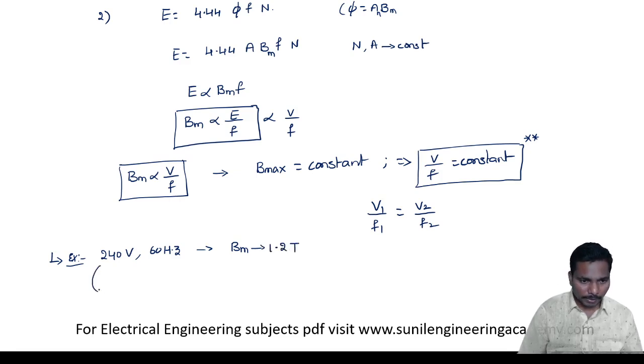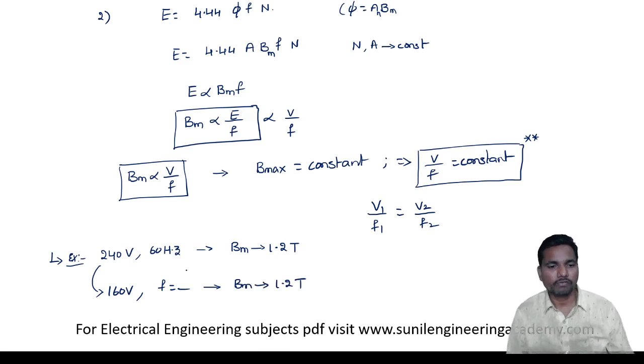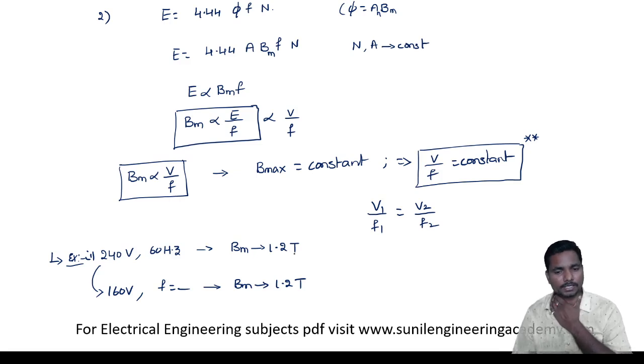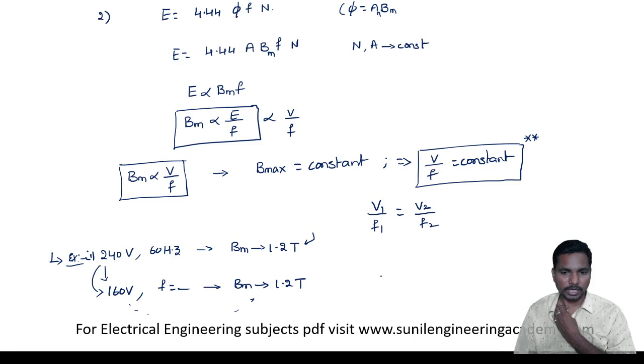If you operate the same transformer at 160 volts, and the frequency you don't know, and you need to get the same B max, then what is your frequency? So how can you do this solution?